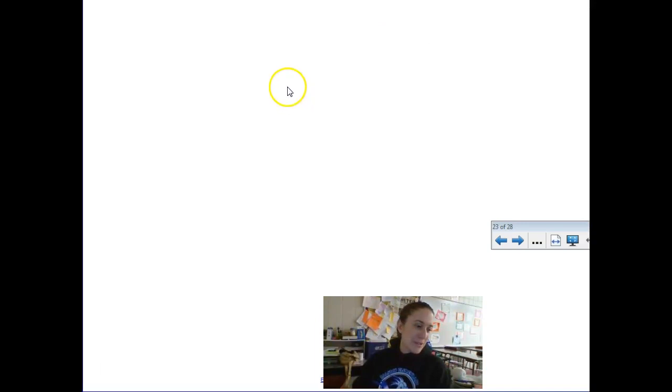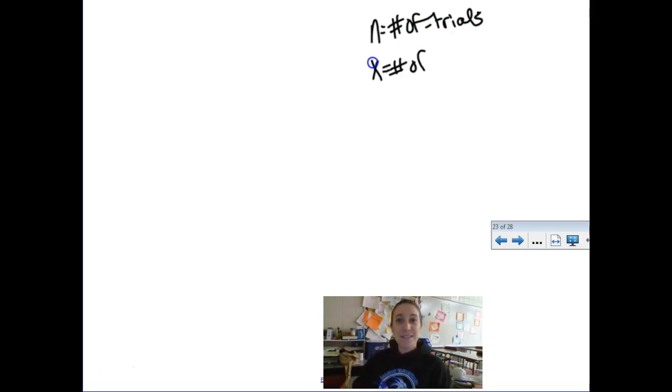So, some variables that you need to define. N represents the number of trials. Okay, see if I can write today. N represents the number of trials. X represents the number of successes, whatever that is for the problem. What other variable shows up? Oh, P, that is the probability of success.